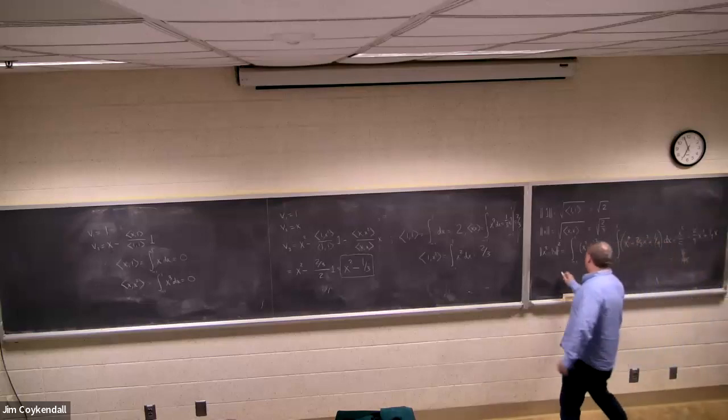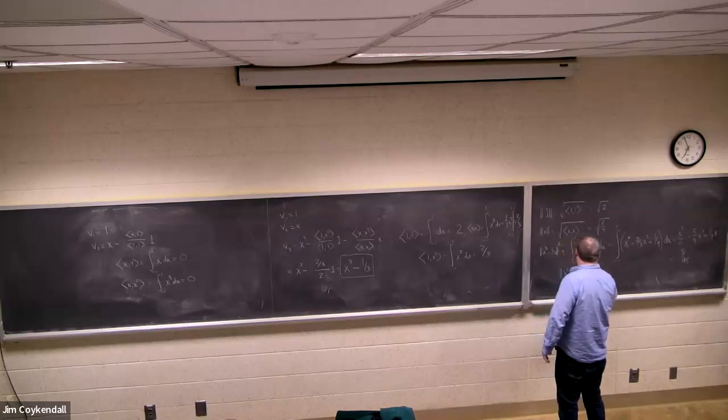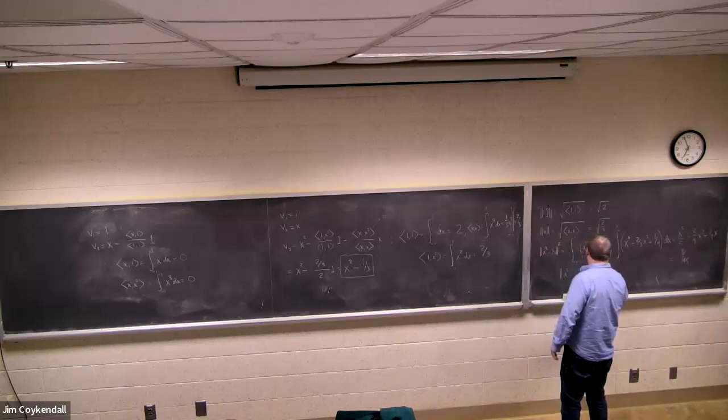So finally, the length of x squared minus 1/3 is the square root of 8/45.